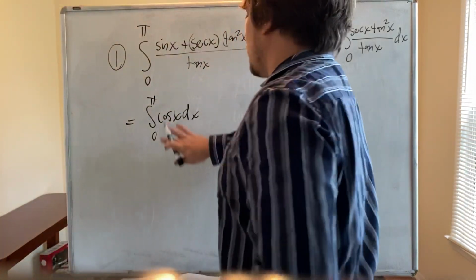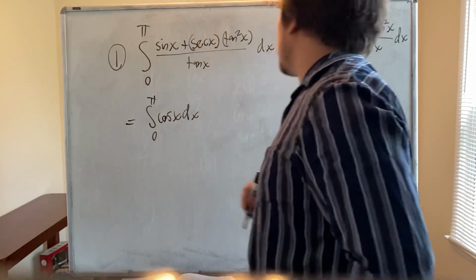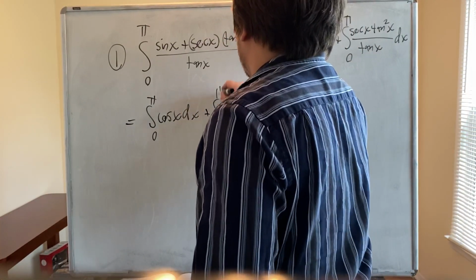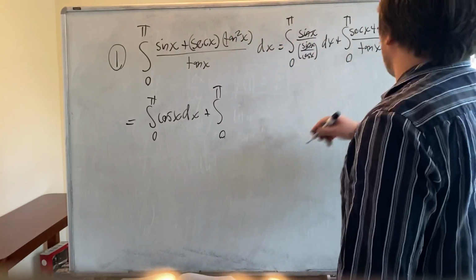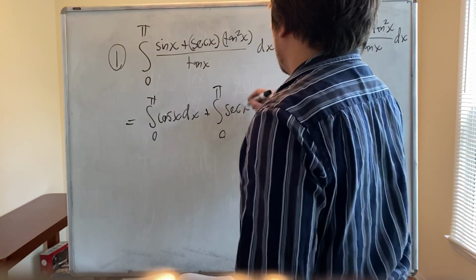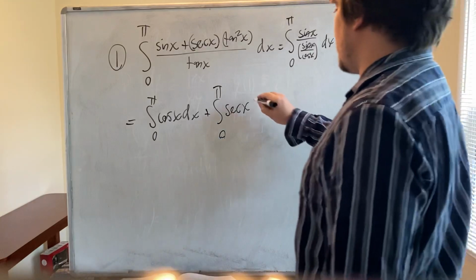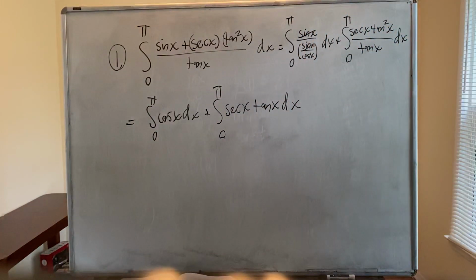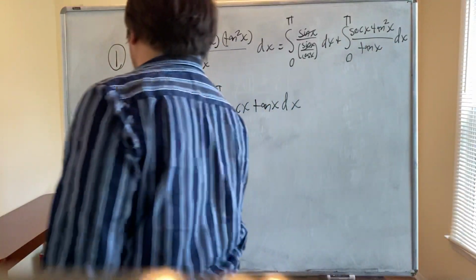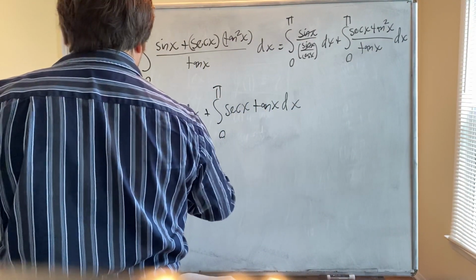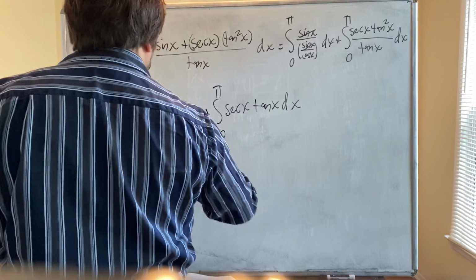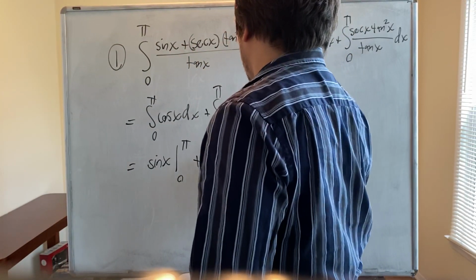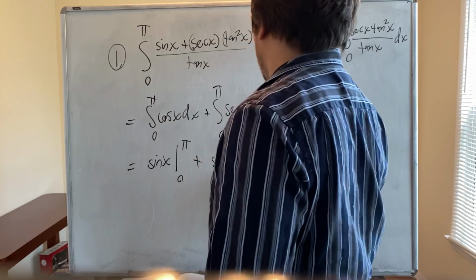Writing tan x as sine x over cosine x, that's the definite integral from 0 to pi of cosine x dx, plus the definite integral from 0 to pi of secant x times tan x dx, since tan squared x over tan x is tan x. An antiderivative of cosine x is sine x, so this is sine x evaluated from 0 to pi, plus an antiderivative of secant x tan x, which is secant x, evaluated from 0 to pi.